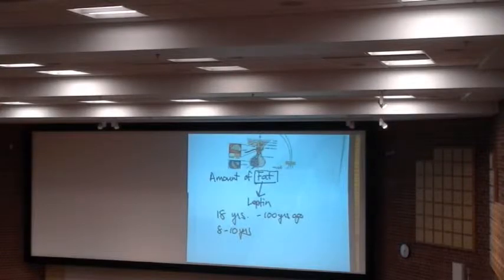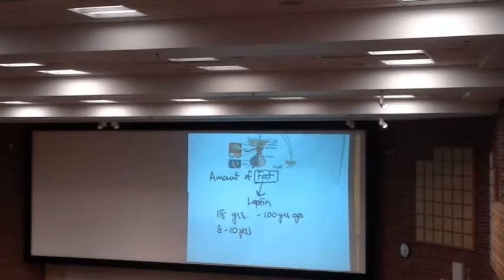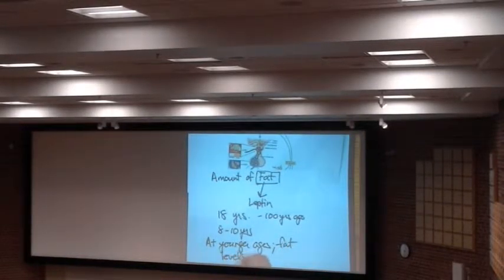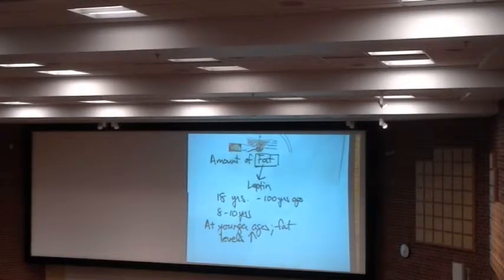Well, the answer is consistent with the observation that at younger ages nowadays, fat levels are increasing. Children are becoming fatter at younger and younger ages, and this is triggering the onset of puberty at younger and younger ages.